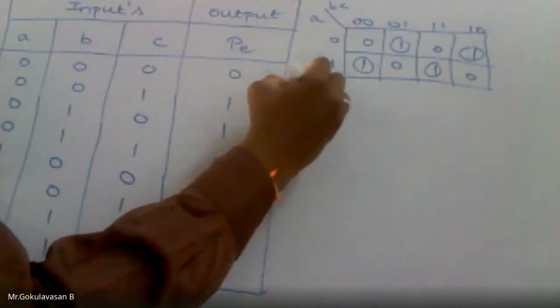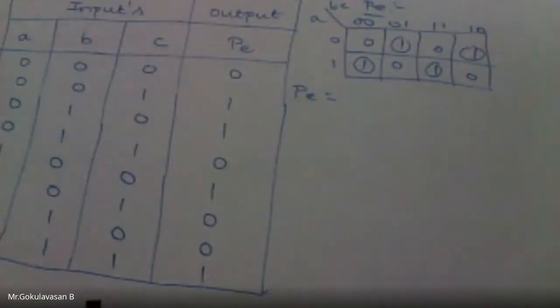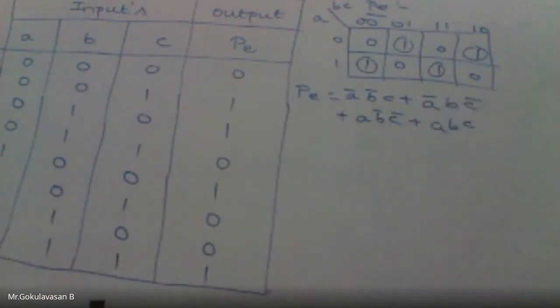Again alternate zeros, so here also no bachelor pairs can be formed, no doubt. So what is the expression for PE now? A bar B bar C, A bar B C bar, A B bar C bar, A B C. Do you agree with this?